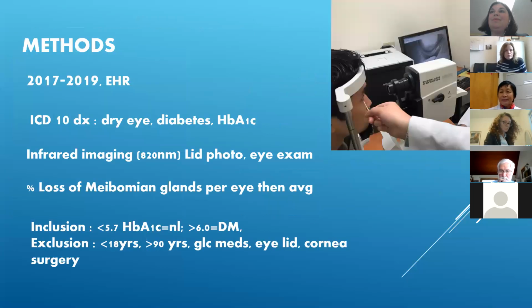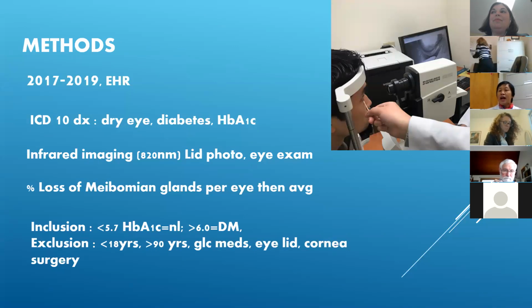Next slide, please. The methods: we did a retrospective study looking at 2017 to 2019 EHR, eClinicalWorks, in our clinic, and we used the ICD-10 diagnosis codes of diabetes, dry eye, and hemoglobin A1C. Infrared imaging was done with the Heidelberg Spectralis, the machine you see in the upper right-hand corner, at 820 nanometers.